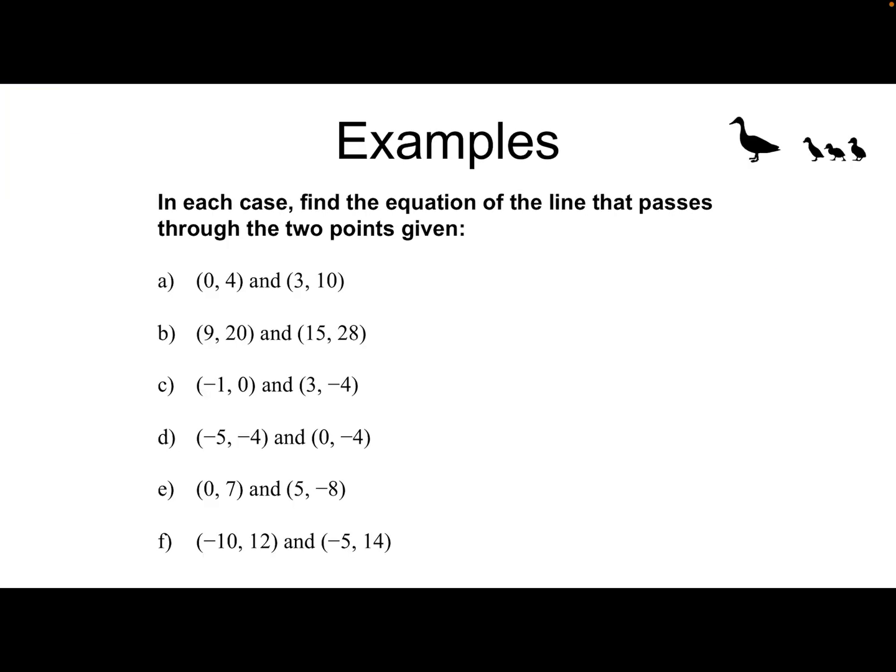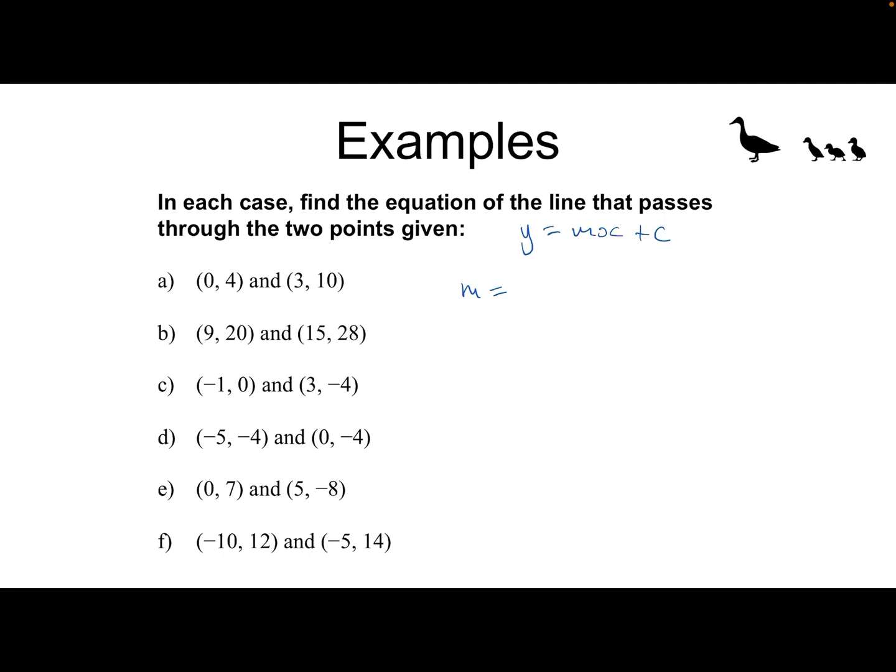Now, a classic exam style question might be for you to tell me the equation of a line that passes through 2 points. Okay, so we've got 2 points here, 0, 4 and 3, 10. Now again, because it's a line, we know it's y equals mx plus c. And because we've got 2 points, we should be able to know what the gradient is.